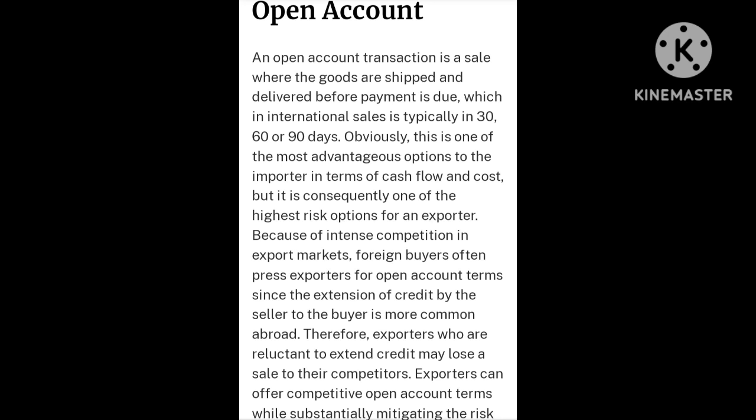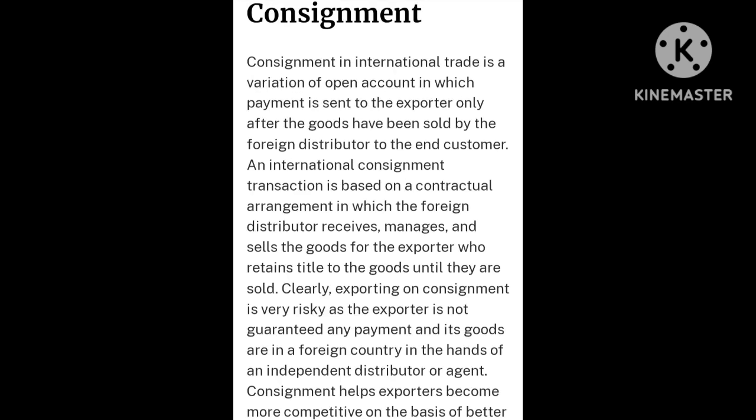And the importer is very beneficial in this open account transaction, because the importer has sufficient time to make the payment. It may be 30 days, 60 days, 90 days, and after receiving the goods, the importer will make the payment to the exporter.